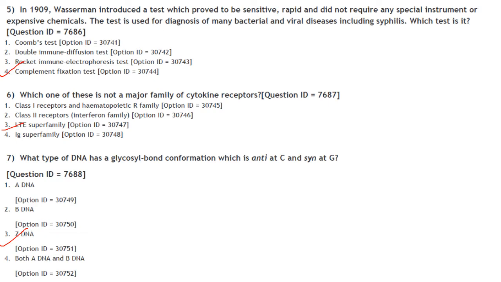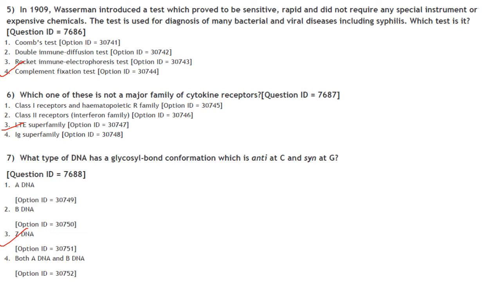Then what type of DNA has glycosyl bond conformation which is anti at C and syn at G? So what is this anti and syn? The C1 of pentose sugar in the nucleotide is linked to the N1 or N9 position of pyrimidine or a purine base through glycosidic bonds.